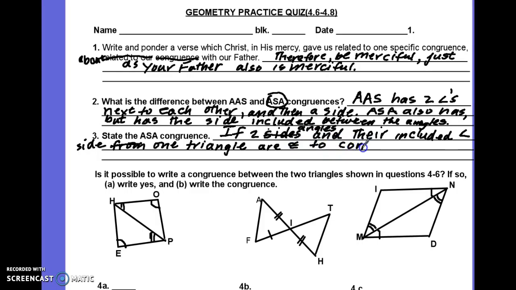to corresponding or matching parts from another triangle, then the two triangles are congruent.